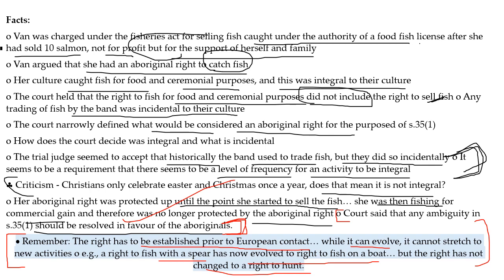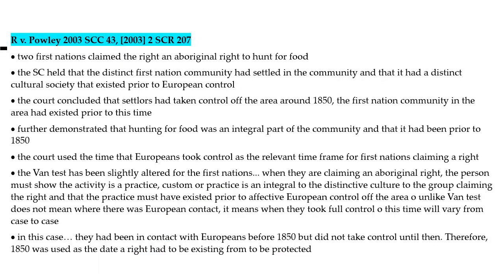In previous times fishing was done with a spear, now it is done on a boat. This is valid and justified, because time has changed, things have changed. But it does not mean you can add other things to one right, so that won't be protected.